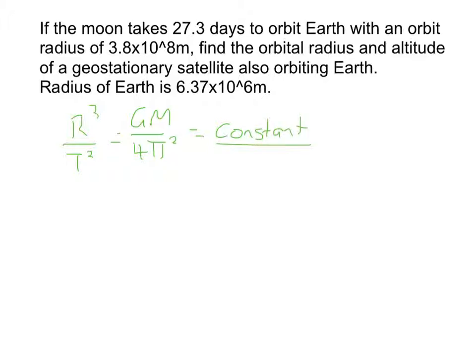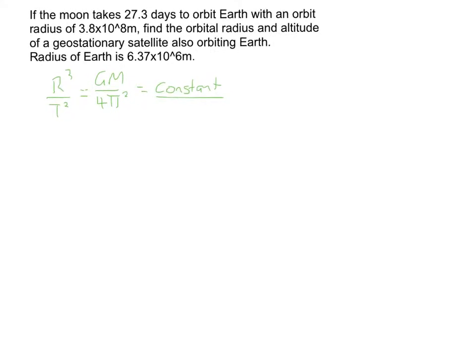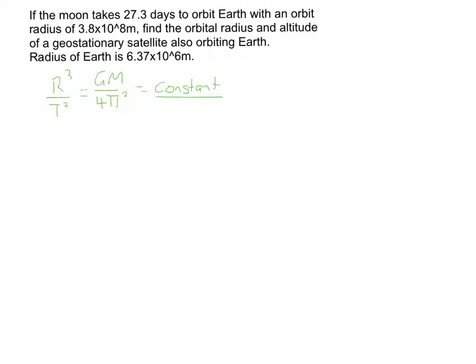So what we can do with that is we can actually use it as a ratio. Now, I'm going to rewrite this equation. So we have two objects here. We've got the radius of the moon, which is equal to, that's the radius of orbit for the moon, 3.8 by 10 to the 8 meters.